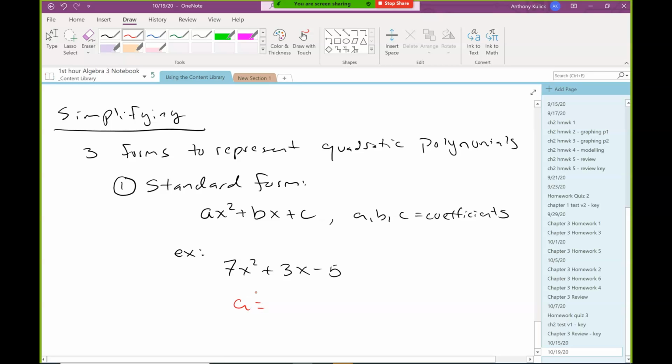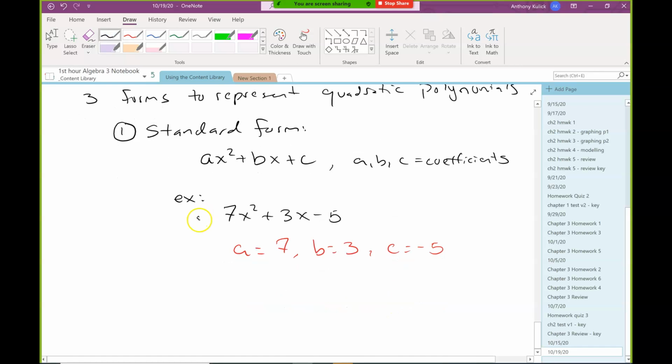What is the coefficient that represents a? 7. And the coefficient represented b? 3. And for c? Negative 5. Is everybody okay with that? What if instead we had written this?